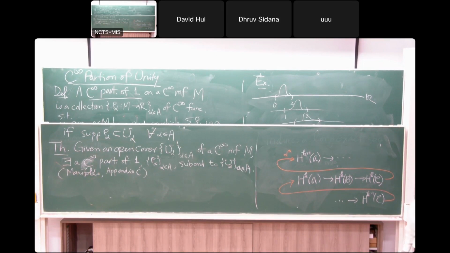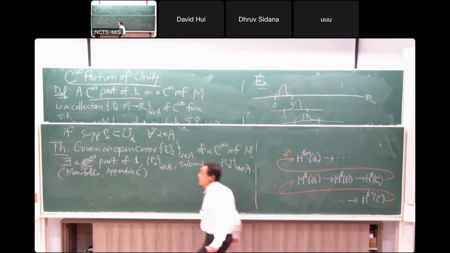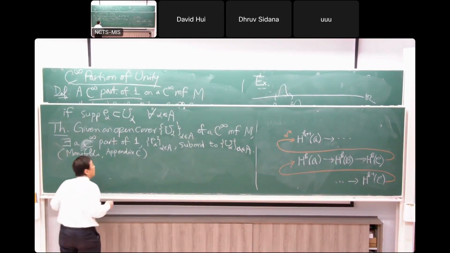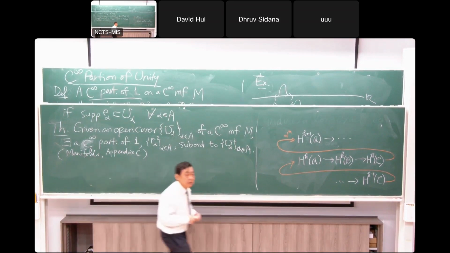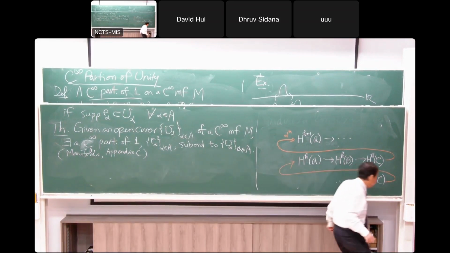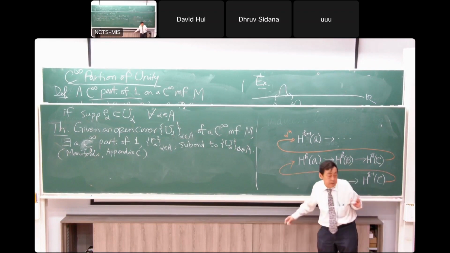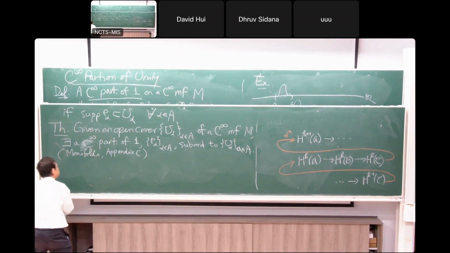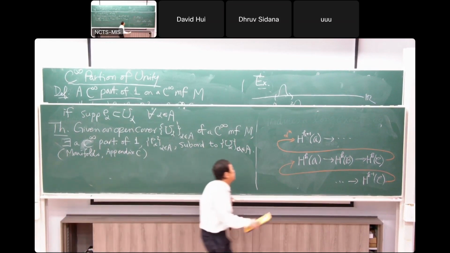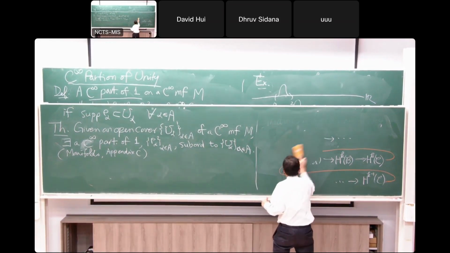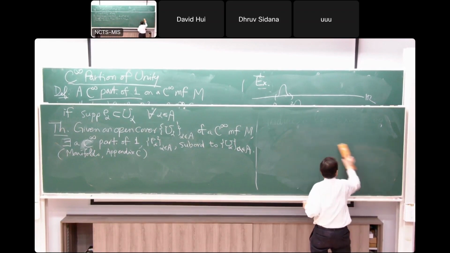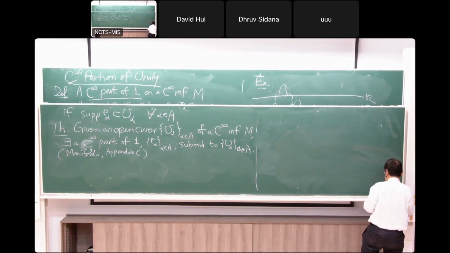But maybe I will give you an example of a partition of unity on the real line, subordinate to an open cover with two open sets. So let's see, what does the partition of unity subordinate to two open sets look like?